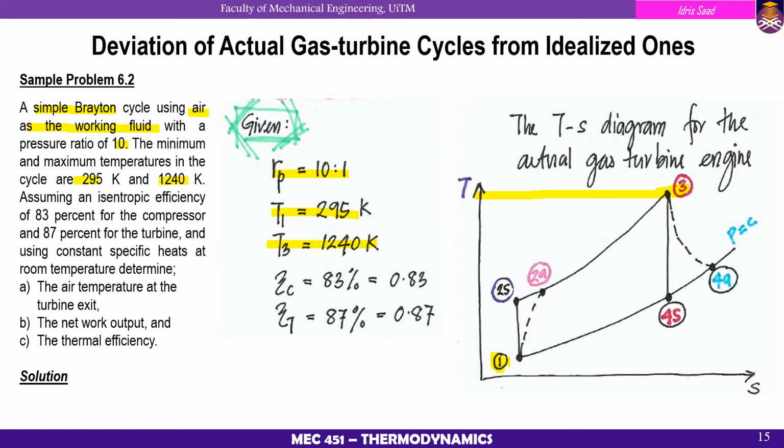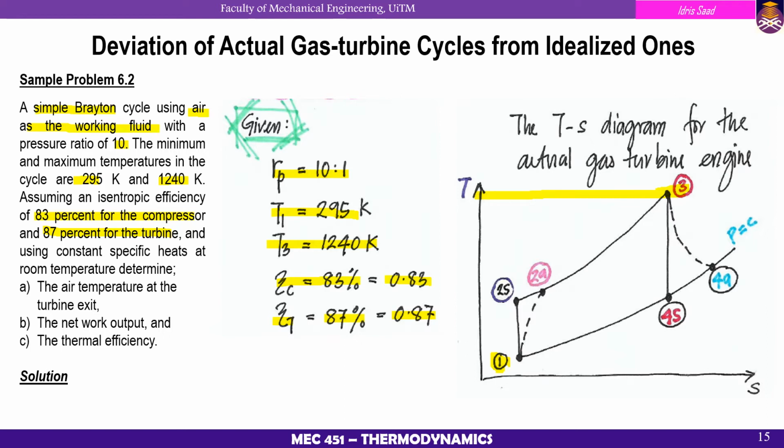Assuming an isentropic efficiency of 83% for the compressor, so compressor efficiency is 83%, which is 0.83 for the calculation, and 87% for the turbine. So the efficiency of the turbine is 87%, which is 0.87 for the calculation.